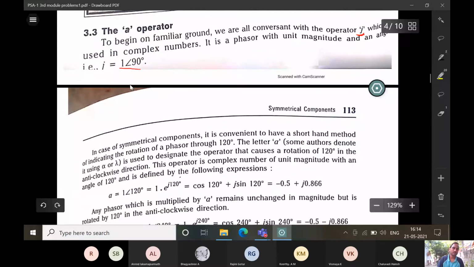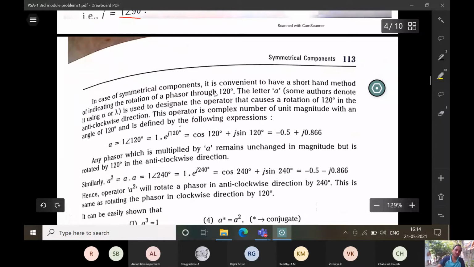Okay. So similarly in case of symmetrical components, it is convenient to have a shorthand method of indicating the rotation of a phasor through 120 degrees, a letter A. In some textbooks it is also represented by alpha or gamma.